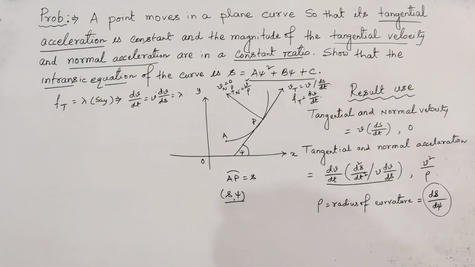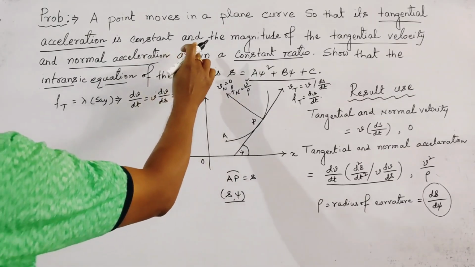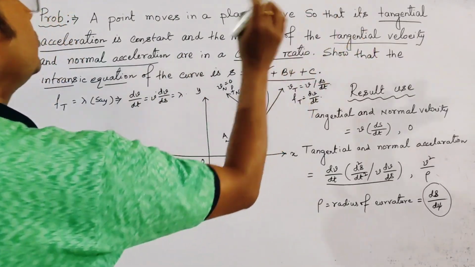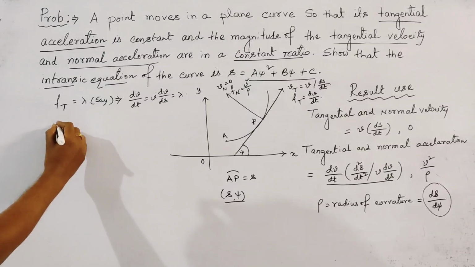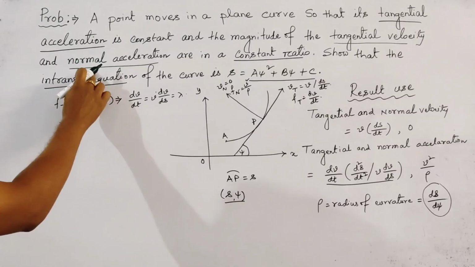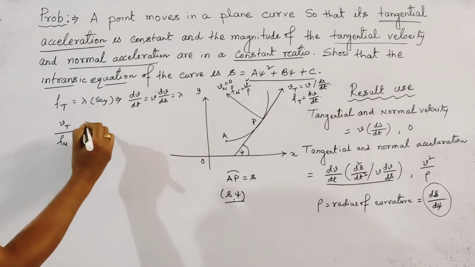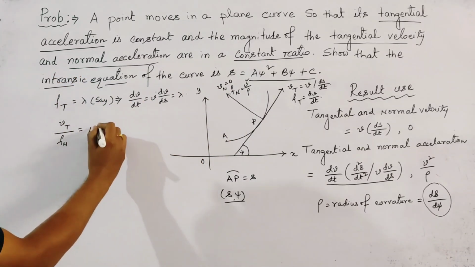This is lambda. From the second condition, tangential velocity Vt by normal acceleration Fn is also constant; we say this is mu.